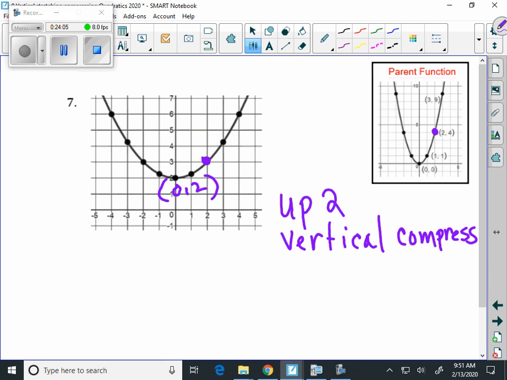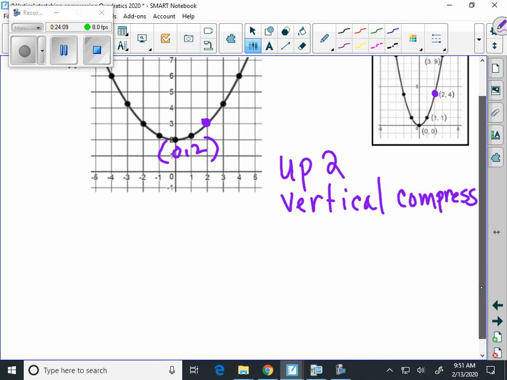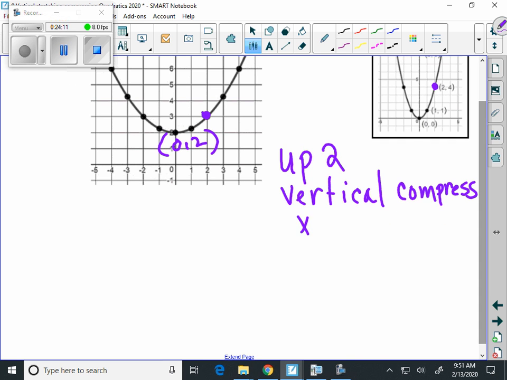So we're going to vertically compress, and we're vertically compressing by 2 divided by 4, which is 1/2. So it's really by 1/2.